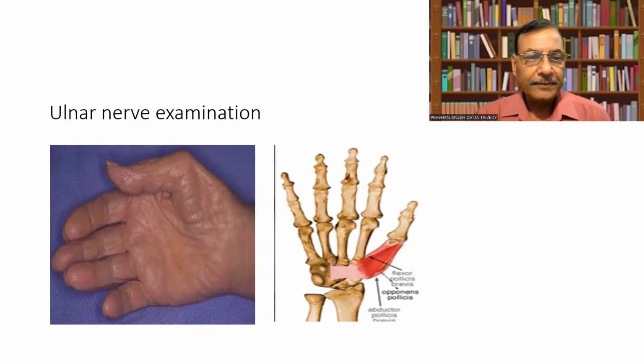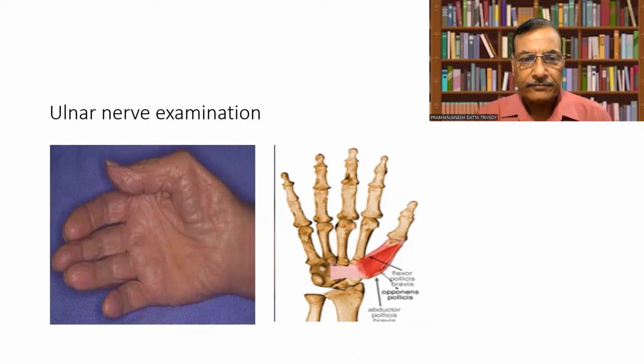And secondly, when you are given a suspected case of ulnar nerve injury, you are asked to do it clinically. You have to examine the ulnar nerve to detect whether there is any injury.